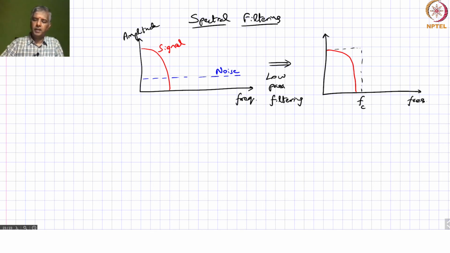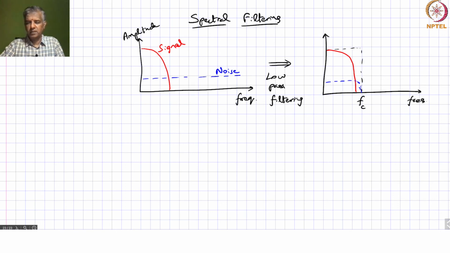Okay, and the advantage here is that your noise now is also limited only over this region. So you are essentially improving your signal to noise ratio.